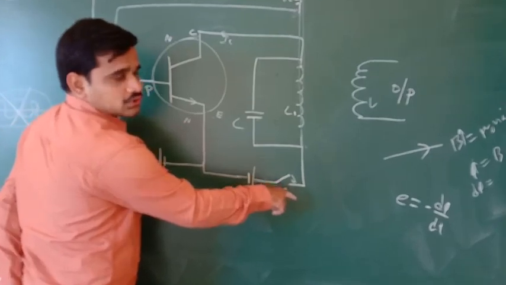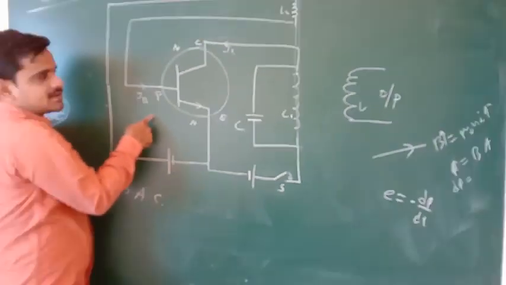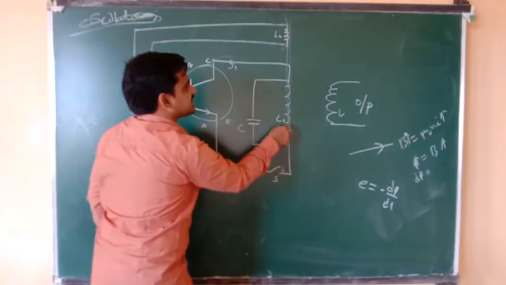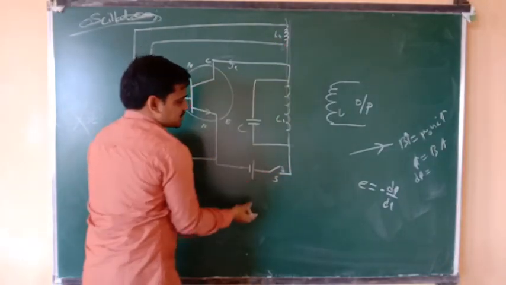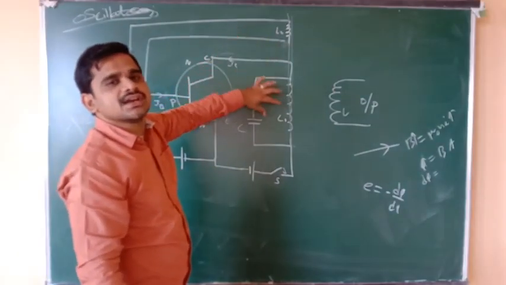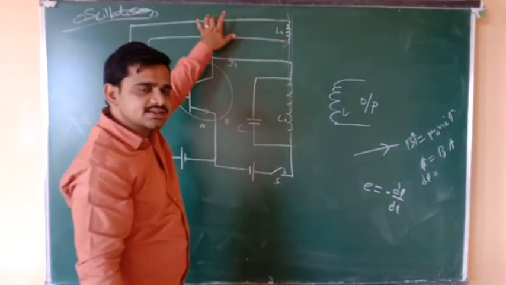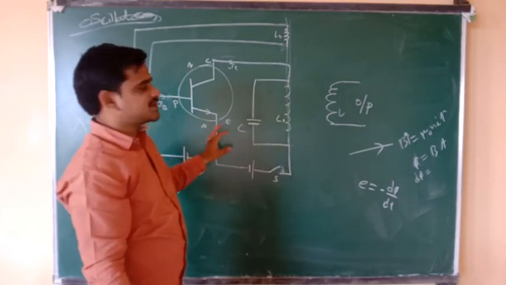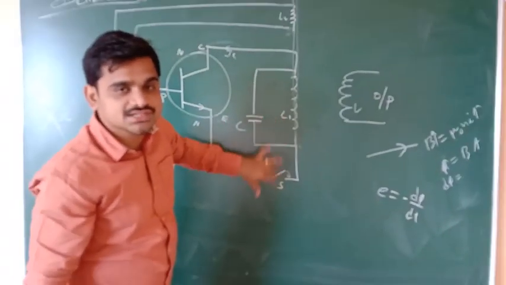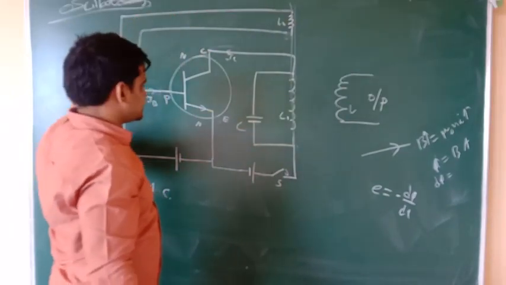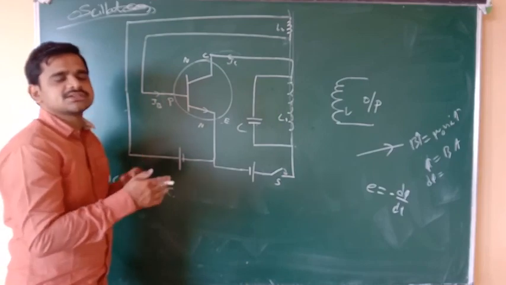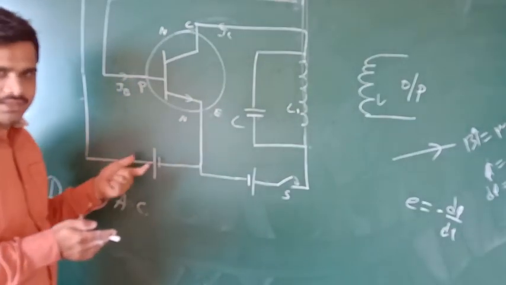When the switch is closed, EMF is induced, it passes here and comes out. When it comes out, it is again given through mutual inductance, and the strength increases. This acts as a feedback circuit, where the output is given again as an input to the transistor. In this way, it is amplified multiple times.